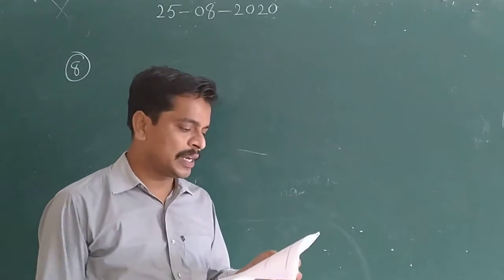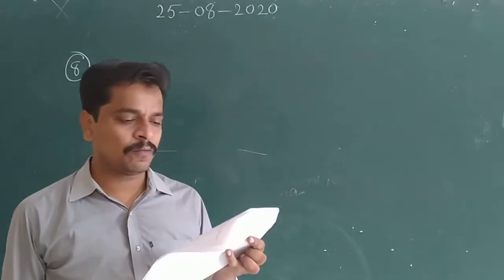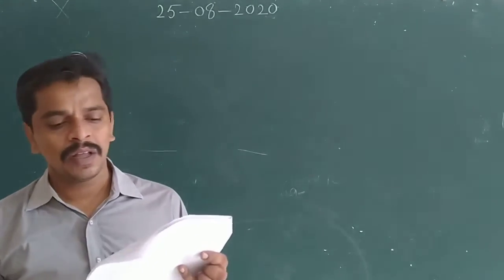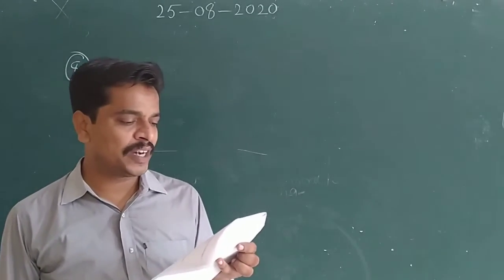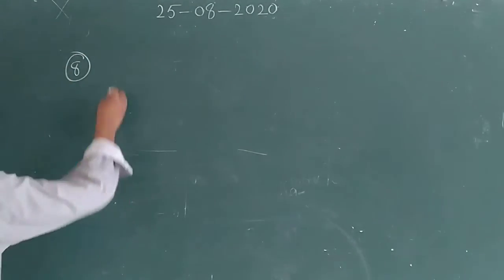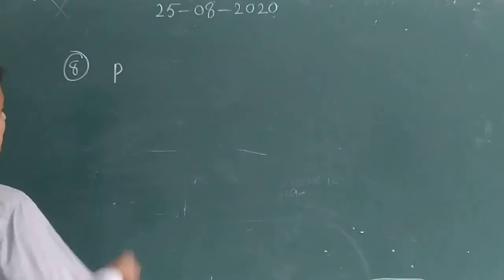Calculate the total pressure exerted by a mixture of 8 grams of dioxygen and 4 grams of dihydrogen confined in a vessel of volume 1 dm cube at 27 degrees. Listen, students, he is asking the pressure of the mixture.